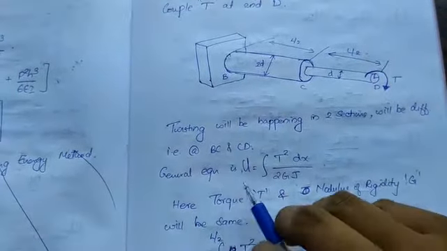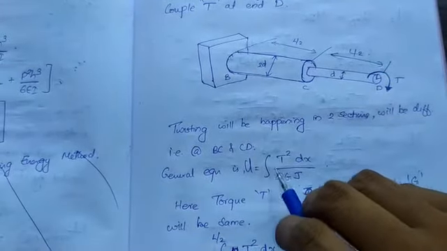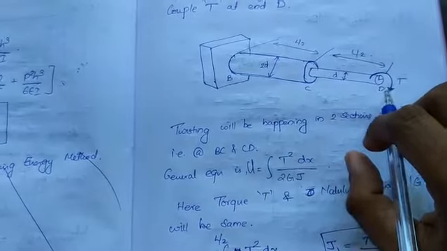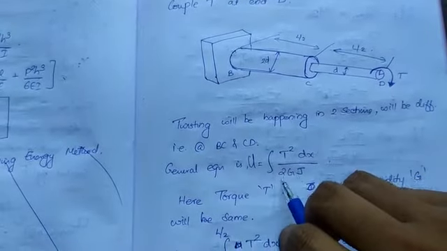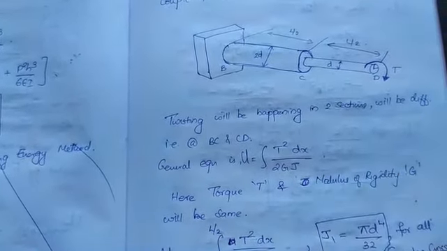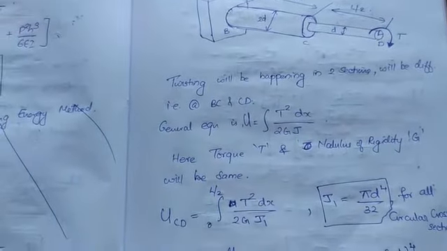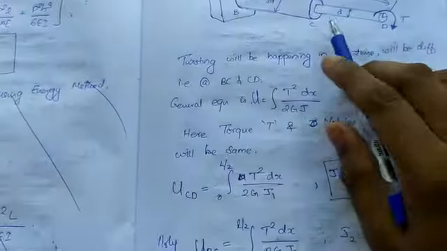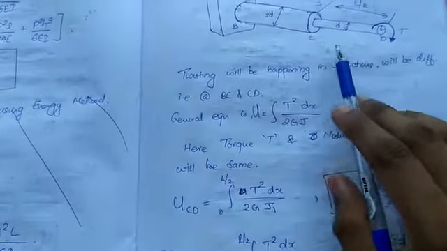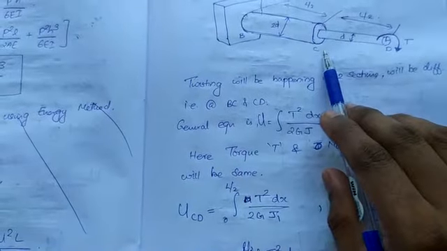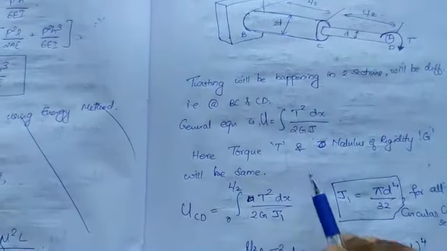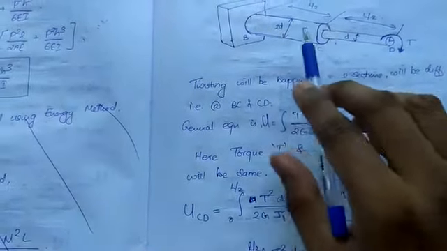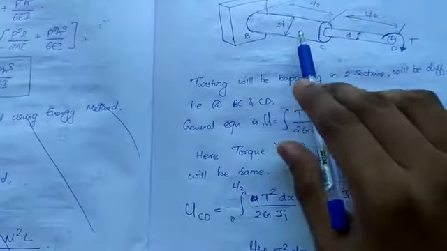So the general equation for strain energy relating to torsion is T square by 2GJ into dx. For section CD, if you analyze CD, it is from 0 to L by 2, T square by 2GJ1, because polar moment of inertia is different since the diameter is different.